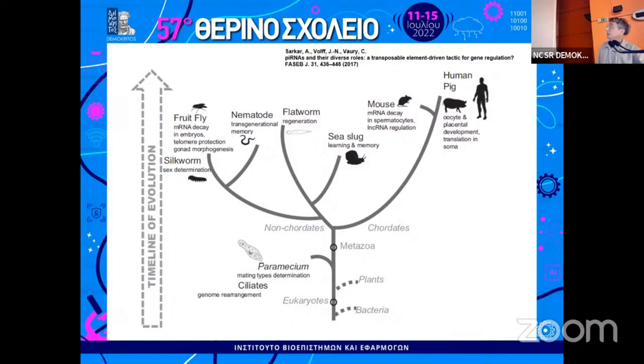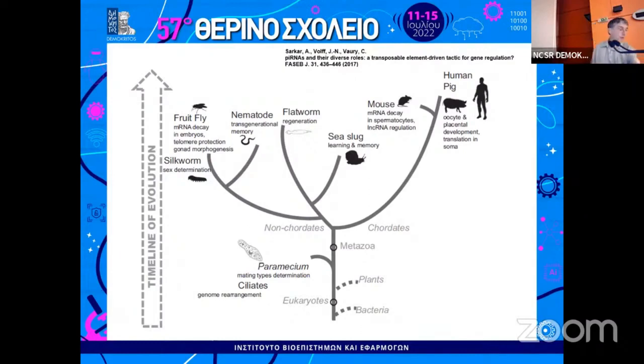And in general, so far a variety of additional functions of piRNAs have been found. Some examples are mentioned here, like transgenerational memory in the nematode, regeneration in the flatworm, learning and memory in the sea slug, and so on.